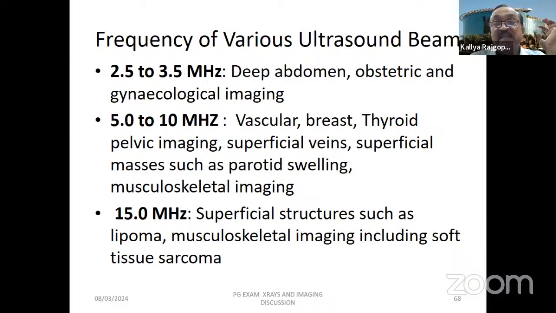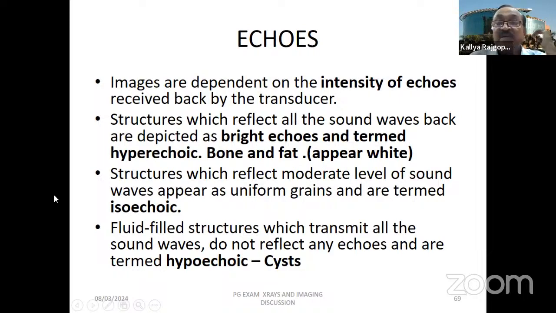What we should understand is the commonly asked question: for the deep abdomen, the frequency is less, and for superficial, it is more. In ultrasound, we use the word echo. These are mainly the intensity of the echoes which are received back by the transducer. When it doesn't receive it back, it just passes through.